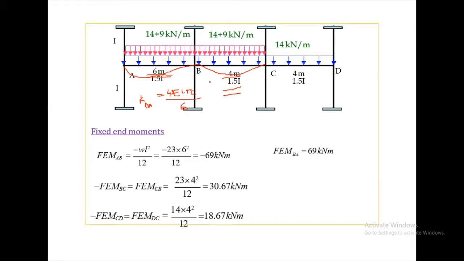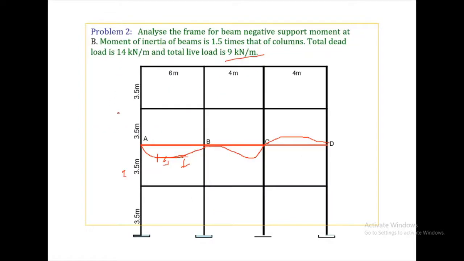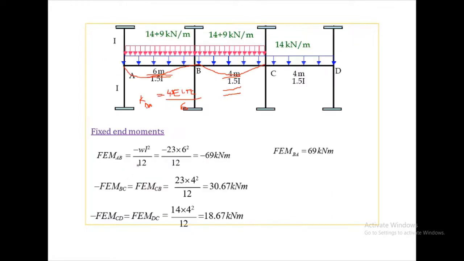Similarly, KBC will be 4 into 1.5 IE divided by 4, and KCD will be 4 into 1.5 I divided by 4. For the column, the height of the column is 3.5 meter. Therefore, the stiffness coefficient for the column will be 4 into E into I divided by 3.5.